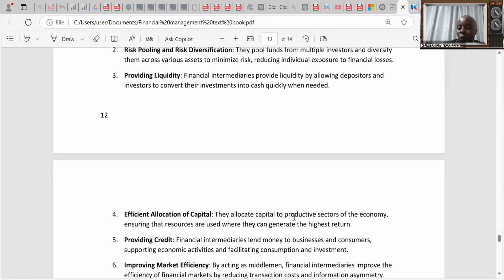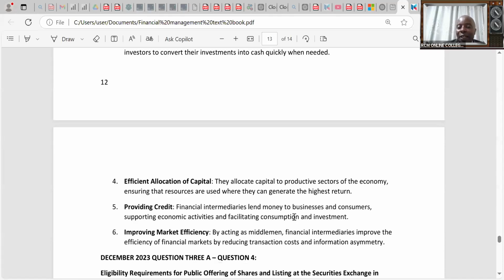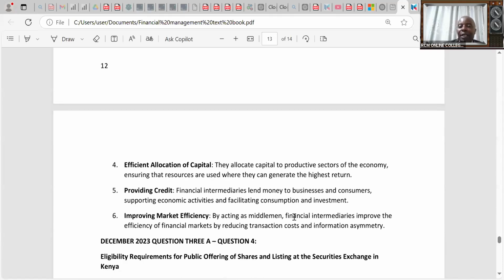Efficient allocation of capital. They allocate capital to productive sectors of the economy, ensuring that resources are used where they can generate the highest returns. Providing credit. Financial intermediaries lend money to businesses and consumers, supporting economic activities and facilitating consumption and investment. Improving market efficiency by acting as middlemen.